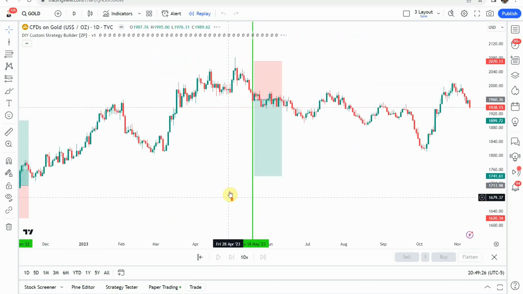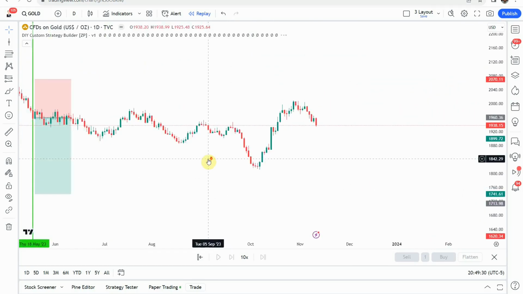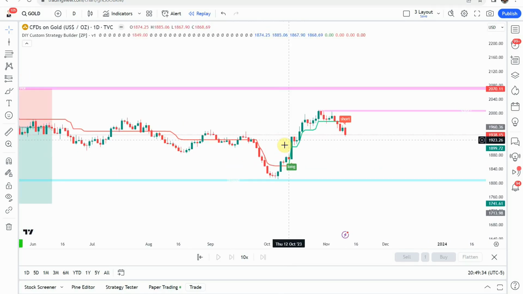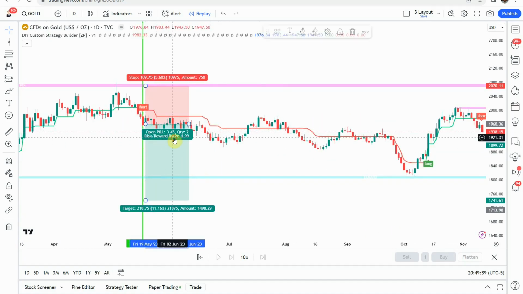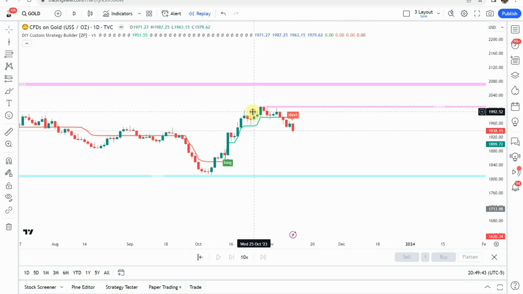Ooh, got pretty close, but then it came down and actually gave us the next signal, a long signal there, and would have pretty much got us break even, a little bit of profit on that trade right there.